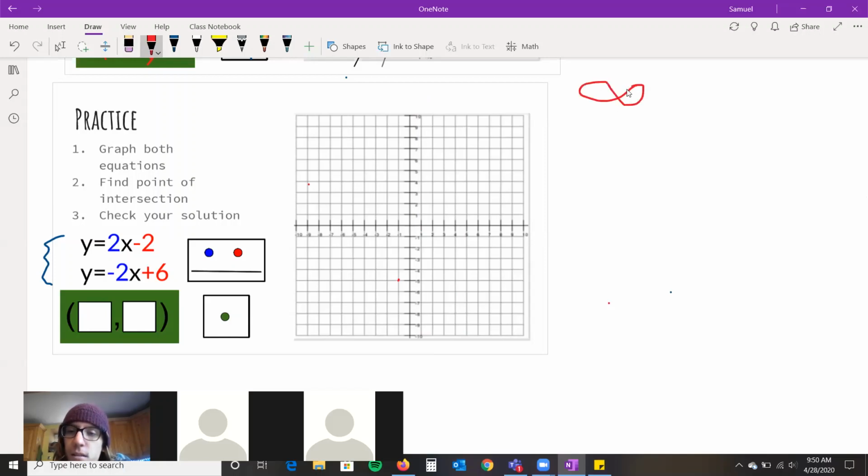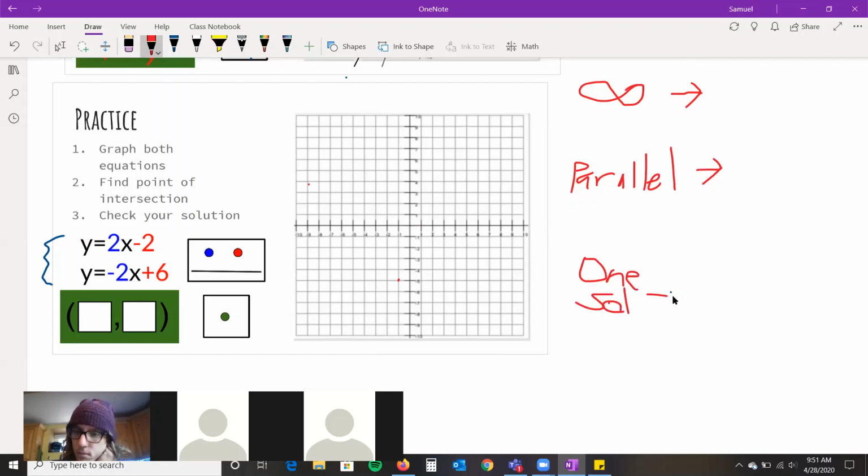So it's going to be infinitely many solutions when they have what, guys? What do I need to have to make it infinitely many solutions? What'd you guys put?